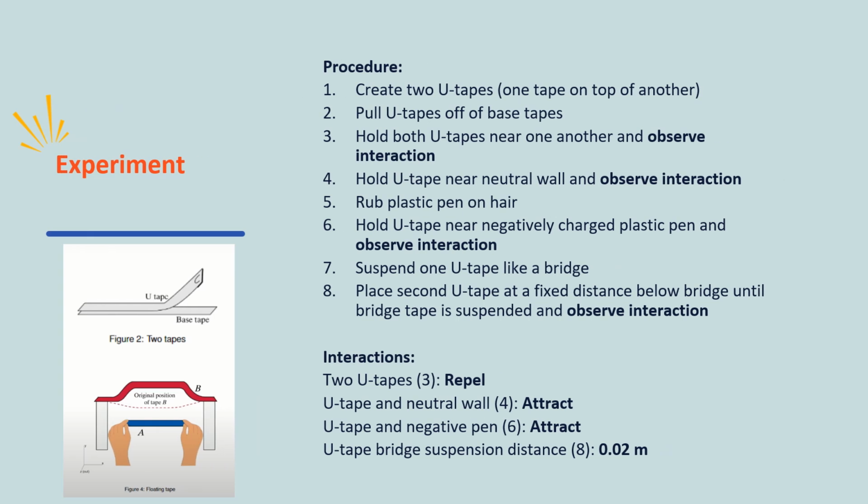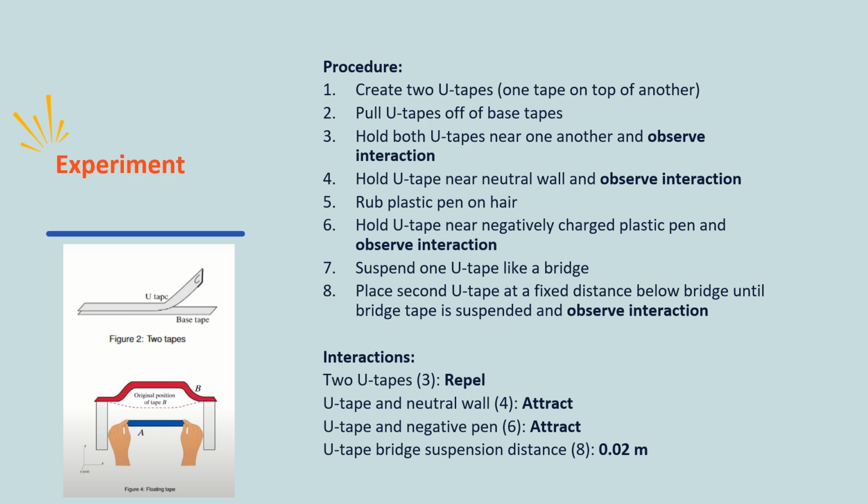To conduct this experiment, the following procedure was followed. Creating two U-tapes by placing one on the table and the other one on top and then pulling them apart. Then these U-tapes were held near each other and the interaction was observed. Then I held one U-tape near the neutral wall and that interaction was observed.